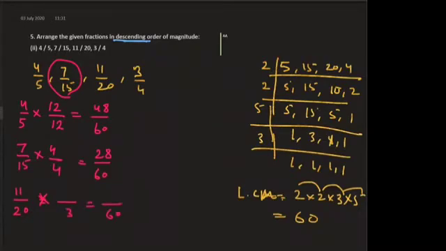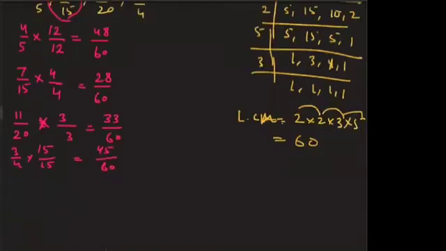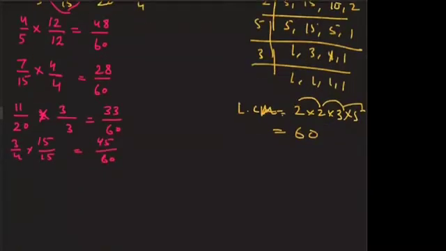Multiply by 3, and 11 threes are 33. The fourth fraction is 3 upon 4. So multiply 4 by 15, because 15 fours are 60, and 15 threes are 45. So you have got all the fractions with the same denominator: 48 upon 60, 28 upon 60, 33 upon 60, 45 upon 60.